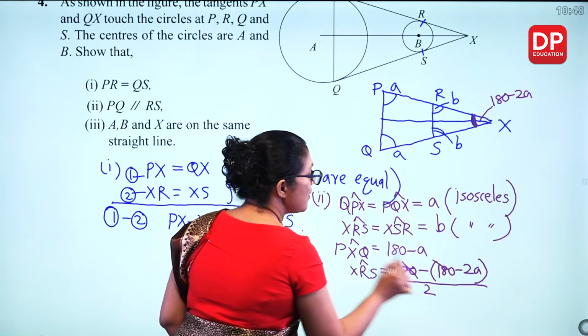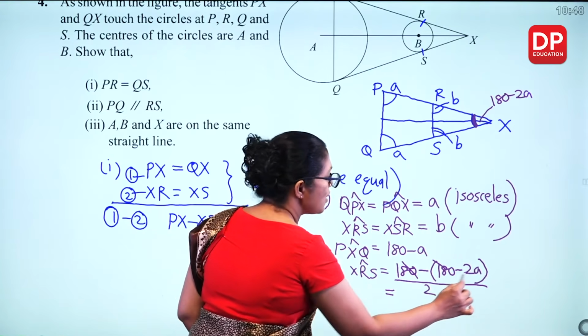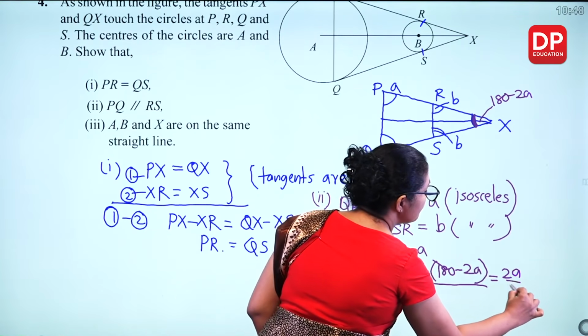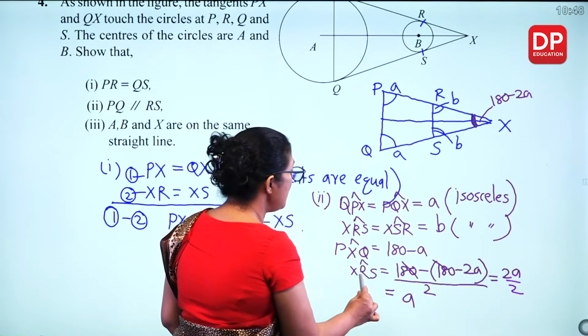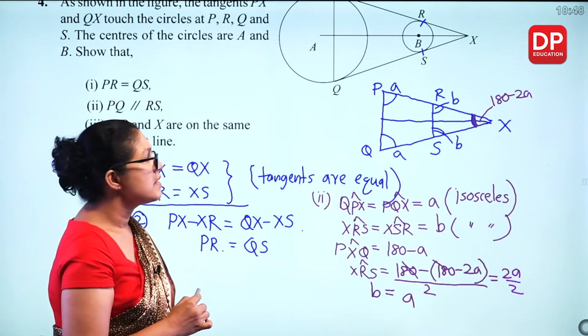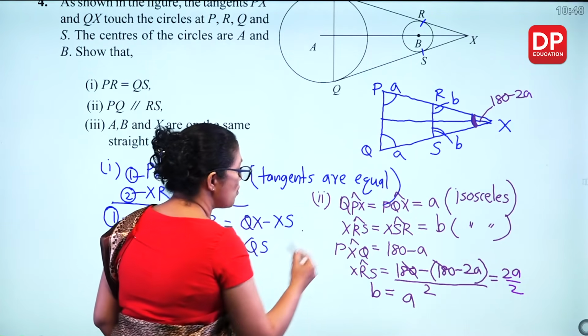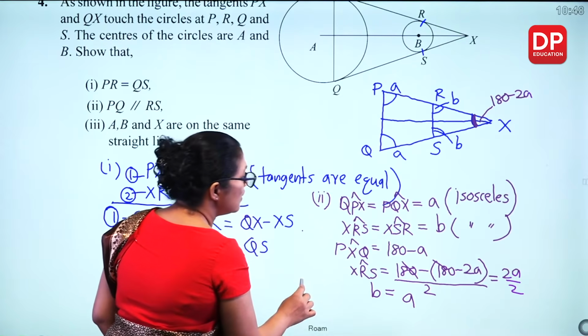You get 180 here, 180 gets cancelled out. 2A divided by 2, that's A. But we know XRS is B. So A equals B. So that means these two angles are equal.